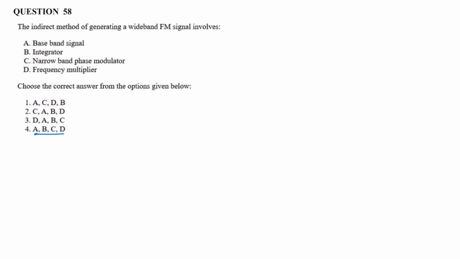First, the baseband signal is applied to an integrator and a narrowband phase modulator; these three blocks generate the narrowband FM signal.